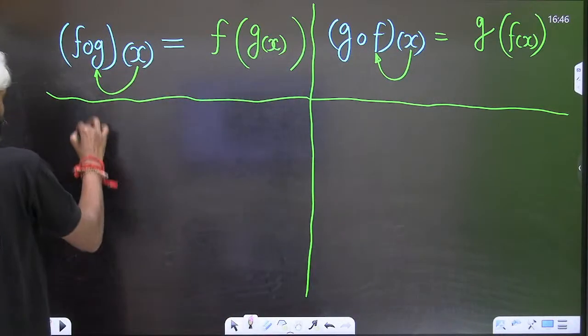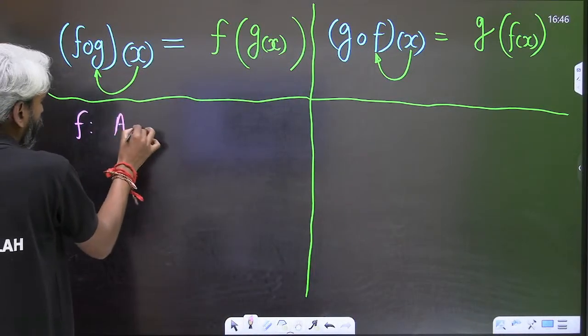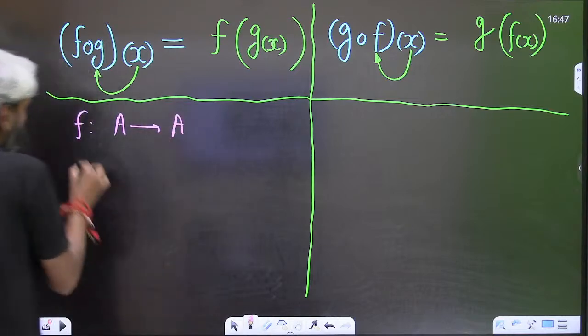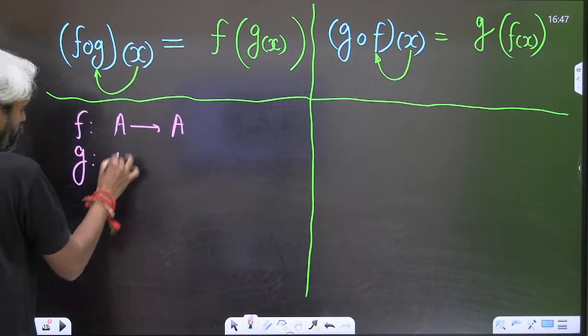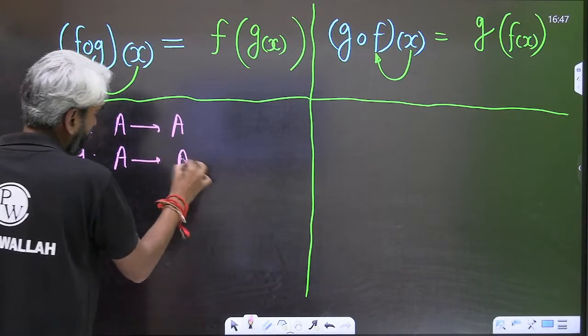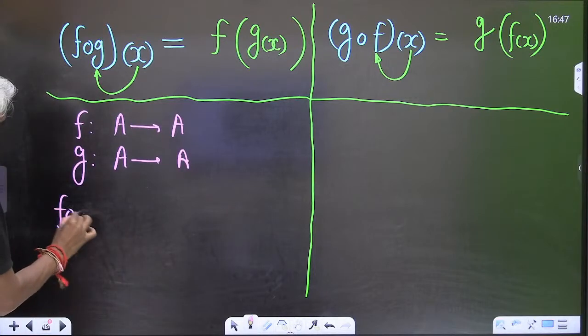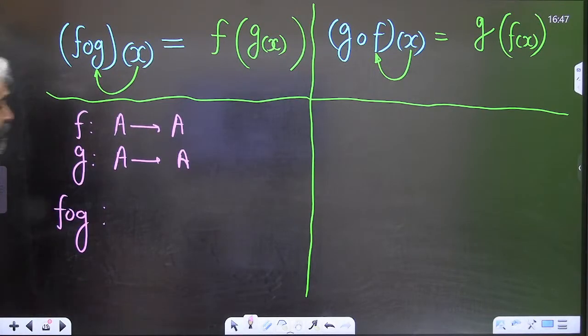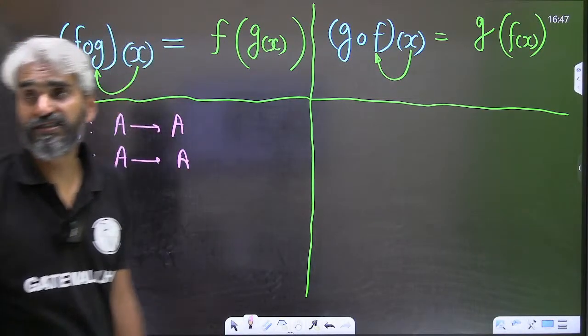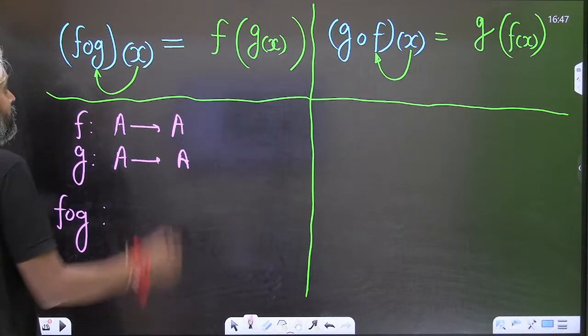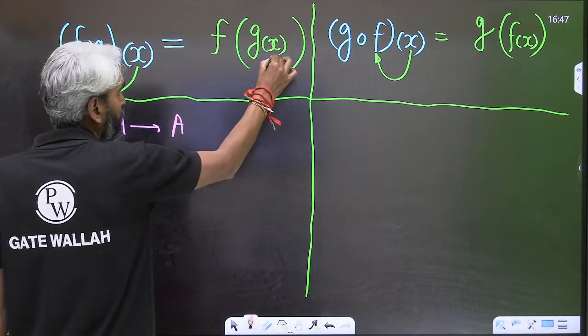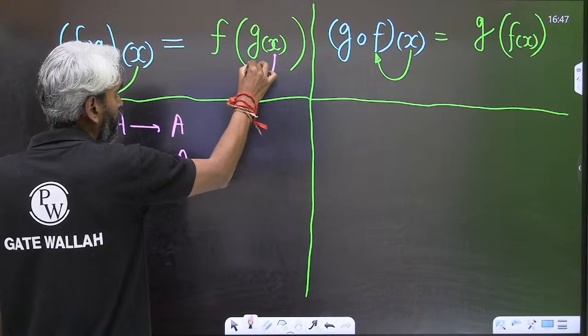If we have a function f defined from A to A, and a function g also defined from A to A, then what will be the domain of function f of g, and what will be the codomain of function f of g? First of all, whatever is passed will be passed to function g.